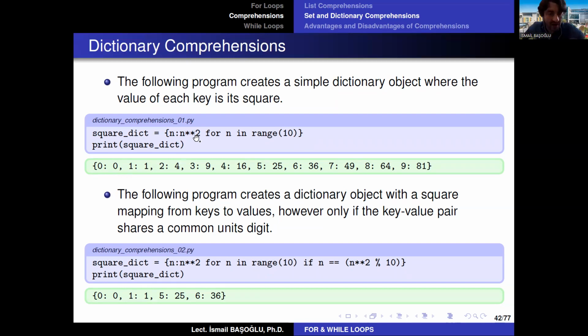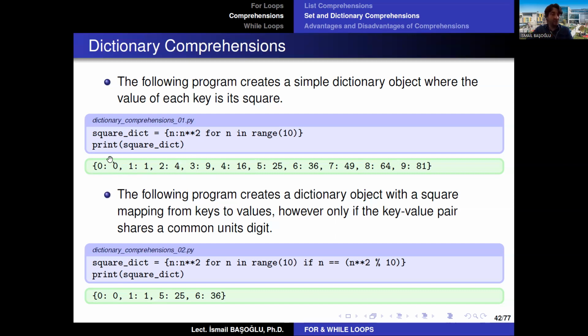So it is built just like a set comprehension. The only difference that makes this a dictionary comprehension is that the mapping is in the form of a key value pair, where we have a colon sign in between the key and the value.